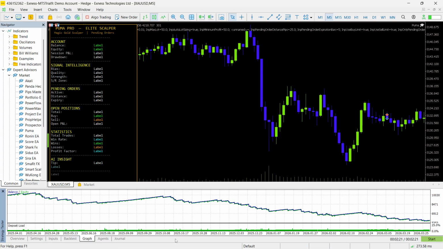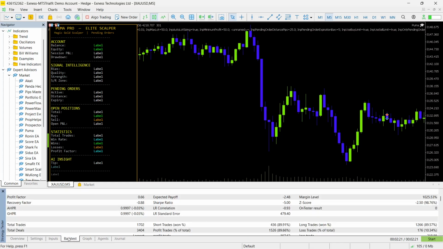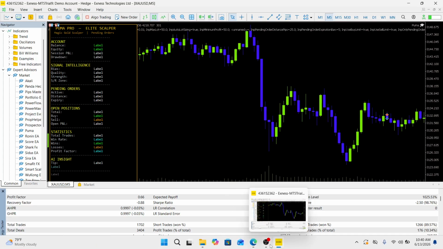So the realistic verdict: this is a confluence-based hybrid with some grid/averaging elements tuned for gold. It might work in the right conditions with conservative settings and good broker execution, but it's not the passive money printer the hype suggests. Live trading will test the risk tolerance more than the pretty backtest images.